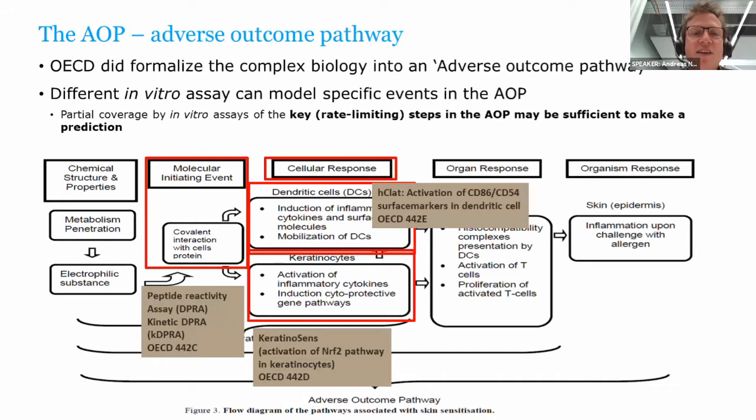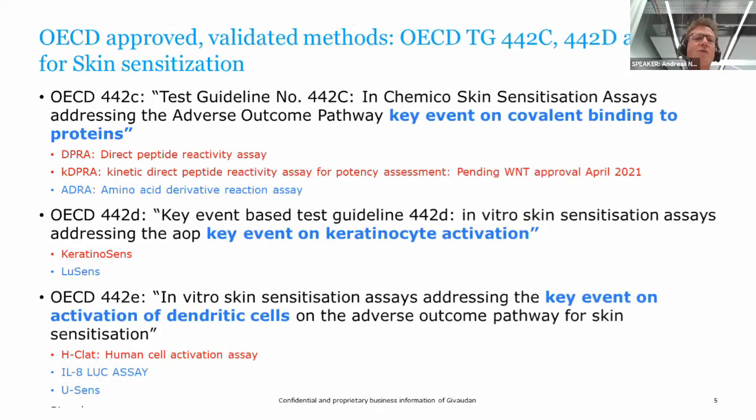These are the three key events which so far are covered with three OECD test guidelines for C, D, and E. And each of these three test guidelines comprises now 2 or 3 different methods.